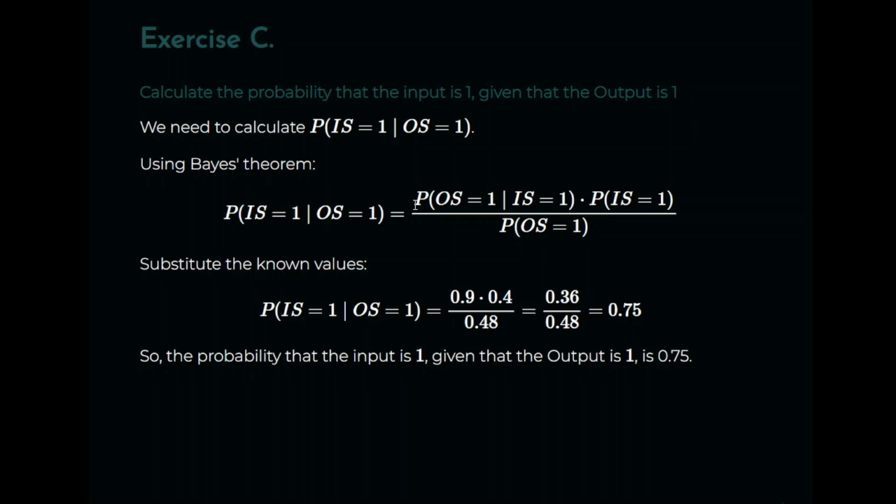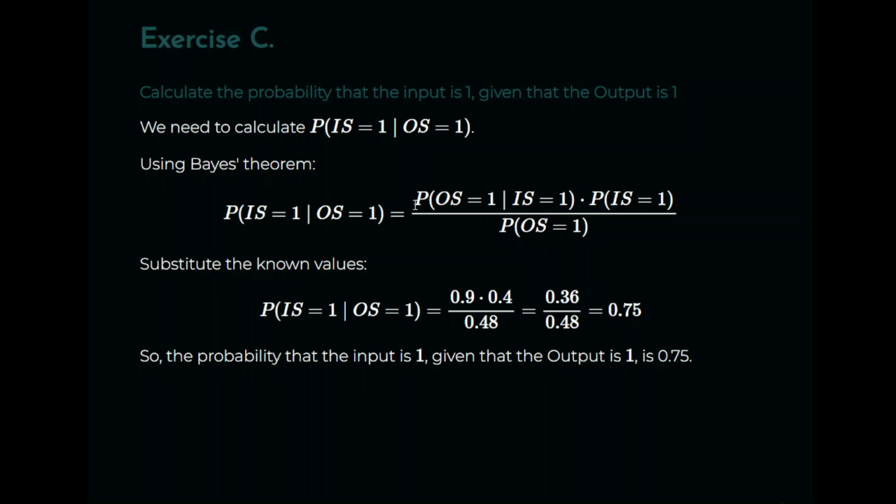Okay, so that is equal to the probability of OS equal to 1 given IS equal to 1 times the probability of IS equal to 1 divided by the probability of OS equal to 1. Okay, so we have all those values before. We found previously the probability of OS equal to 1 given IS equal to 1 times the probability of IS equal to 1.